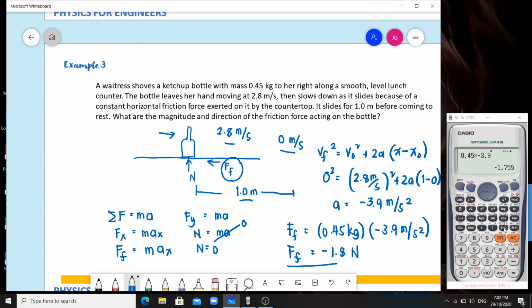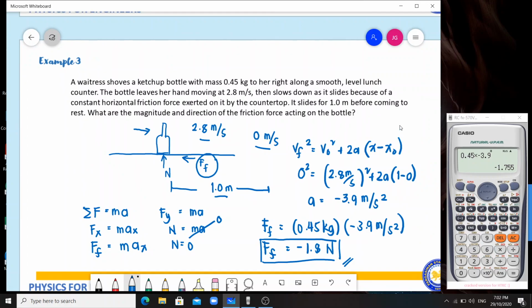Now, the negative sign here, ang ibig sabihin lang is the direction. Oh, so ang direction, 'di ba, kung ang movement ng object is to the right, ang frictional force is the opposite, okay? So, going to the left siya, so malamang kaya siya naging negative 1.8 Newton, okay? So, ganun lang ang ibig sabihin ng sign convention dyan, okay?